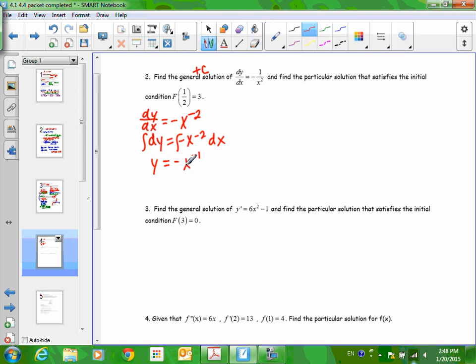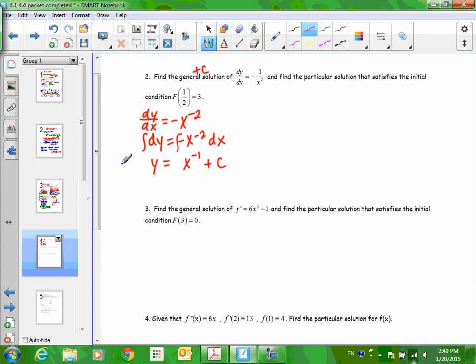You would pick up on this because you'd say, okay, what is the derivative of negative x to the negative 1? Well, negative 1 times negative, that would be positive. But I'm supposed to have a negative here. So you see what I'm saying? You catch your mistake. All right, there should not be a negative right here. However you figure that out, it should just be x to the negative 1. The negatives end up canceling, basically. All right, and then we know we need plus c.